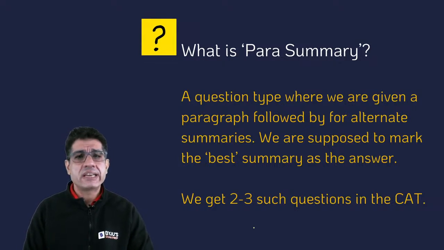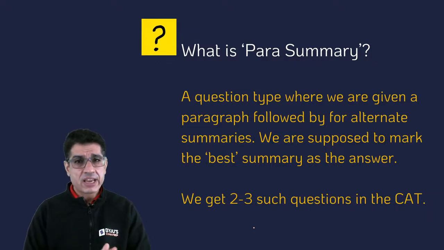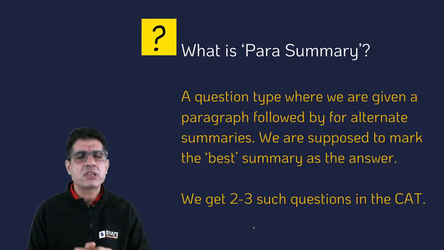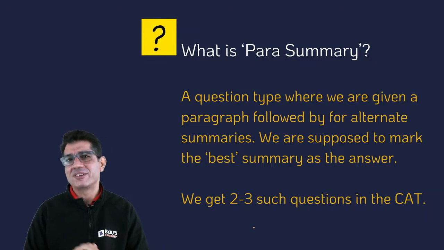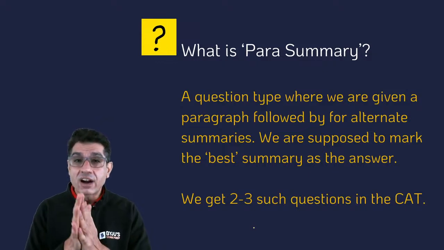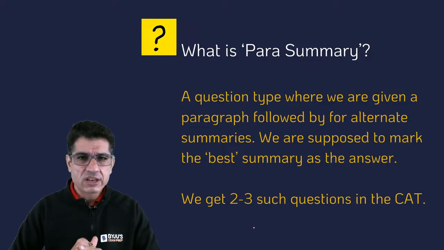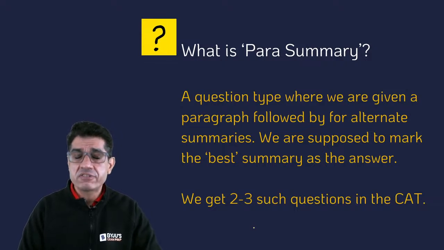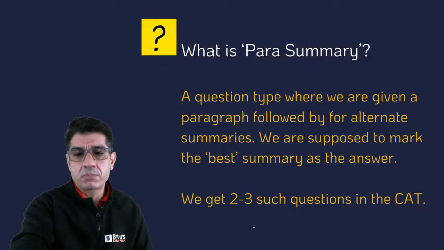Moreover, it also indirectly helps us with reading comprehension, and that is why I personally feel that this is an important question type and should actually be front loaded in your preparation. It's one of those question types where I want you to start working soon so that you can actually reap these rewards even when it comes to reading comprehension.